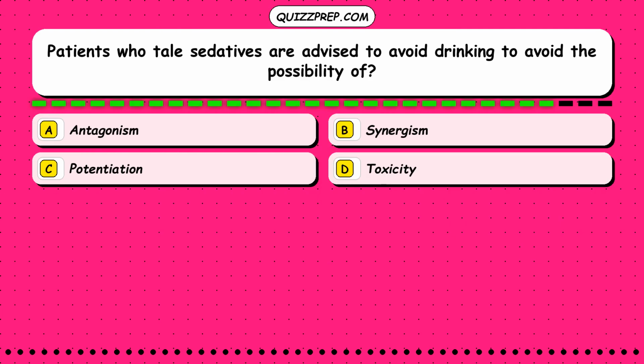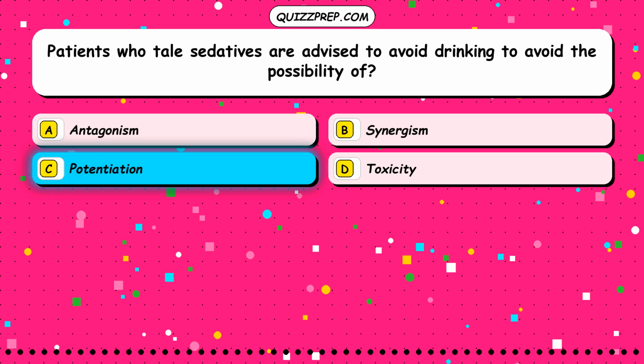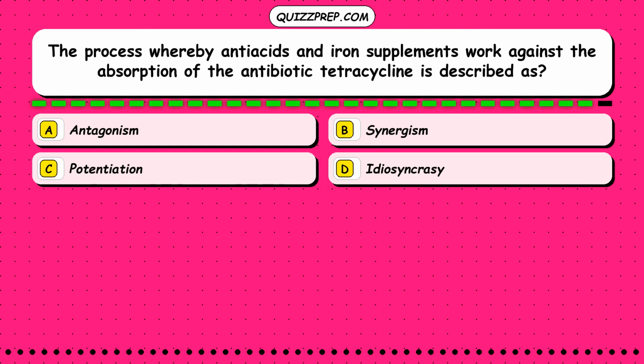Question 355. Patients who take sedatives are advised to avoid drinking to avoid the possibility of: option A, antagonism, option B, synergism, option C, potentiation, option D, toxicity. The correct answer is option C, potentiation. Question 356.